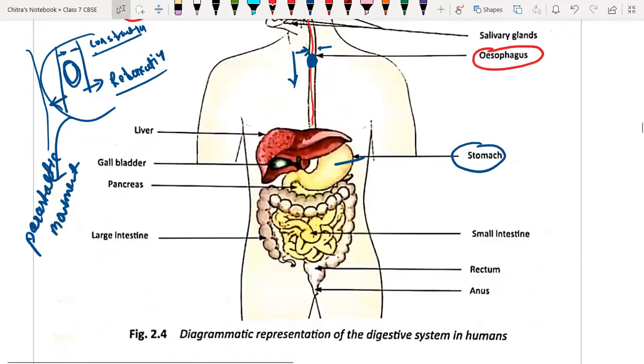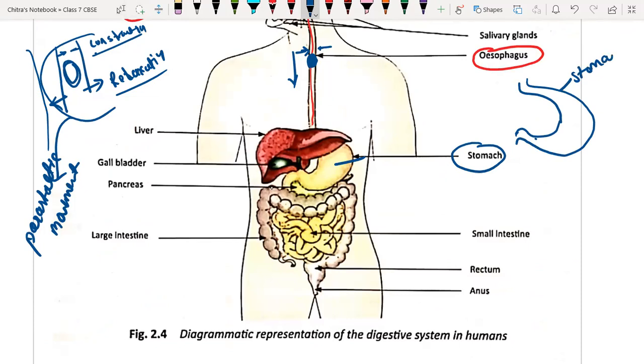Suppose here I'm going to draw the stomach. This is the stomach. The wall of the stomach contains gastric glands.